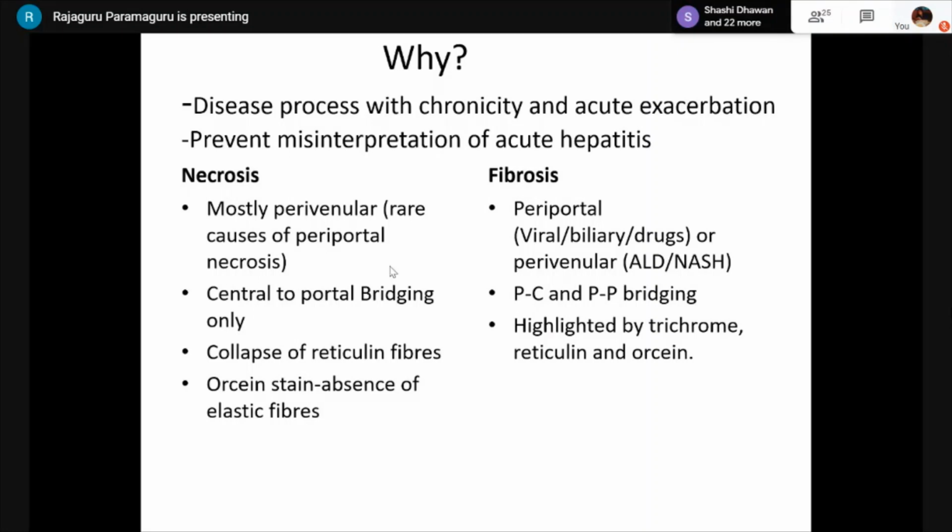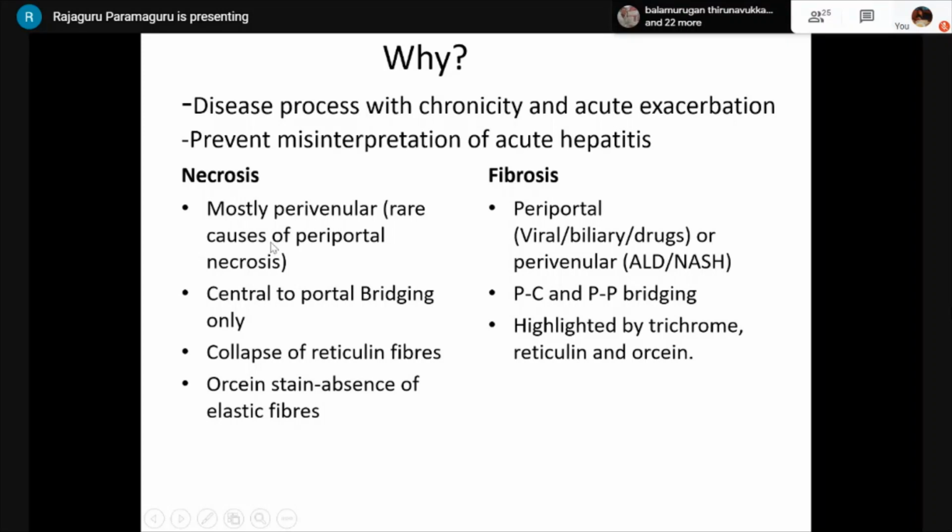You need to demonstrate necrosis, because that is there in the modified HAI scoring, about the confluent necrosis. That is required to prevent misinterpretation of acute hepatitis. Calling an acute hepatitis a fibrosis and a chronic hepatitis is not right. To avoid that, we have to know necrosis.